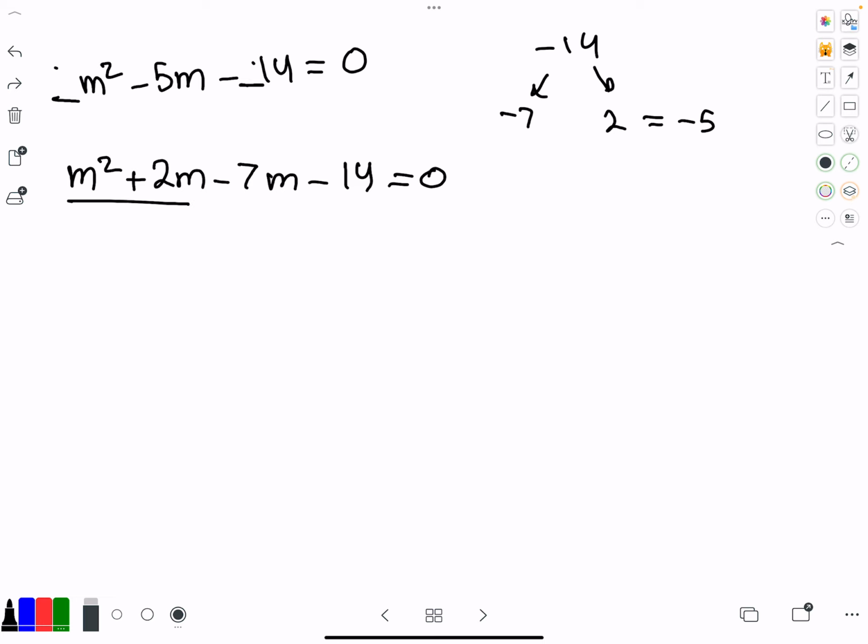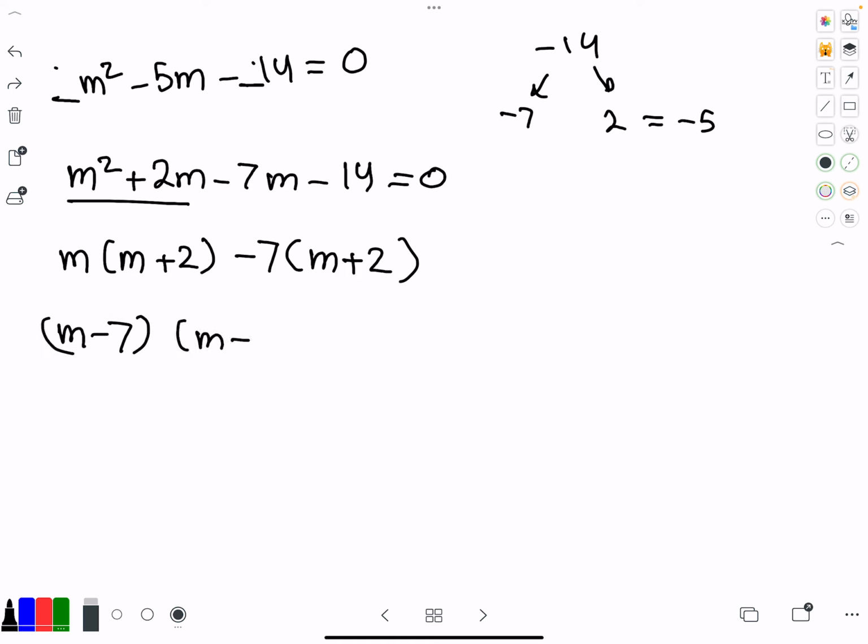Factorize. I'm going to do it the long way so you understand. It's going to be m plus 2, but then negative 7 (m plus 2), and I'm giving this one the negative so that this can be positive as well. So it's going to be (m minus 7)(m plus 2) equals 0.